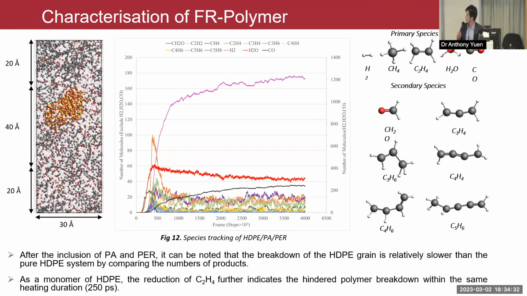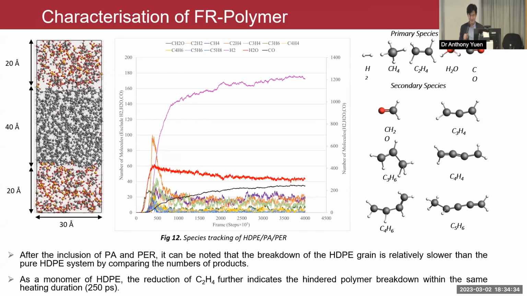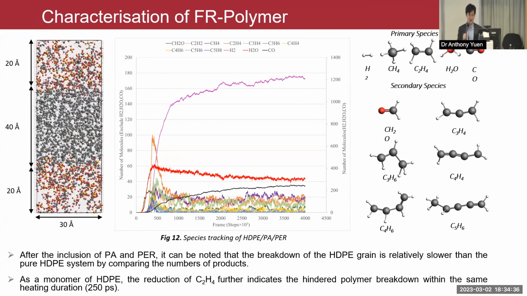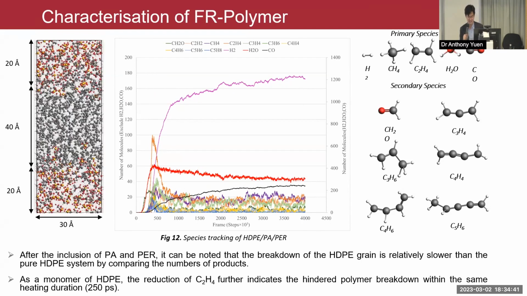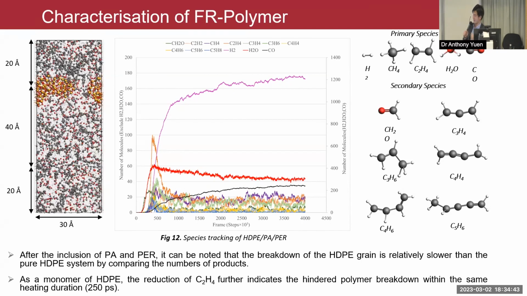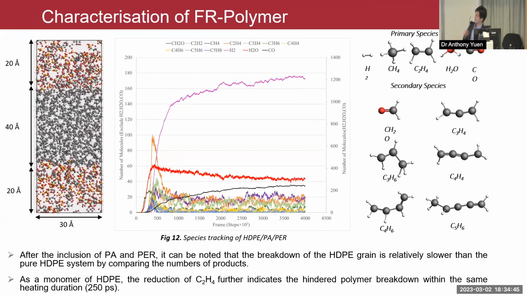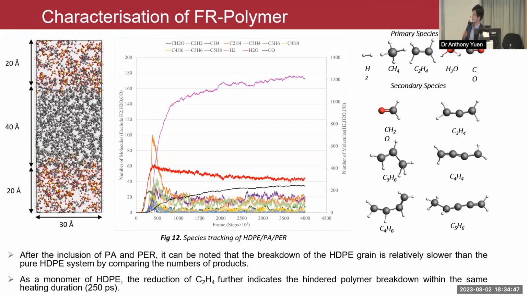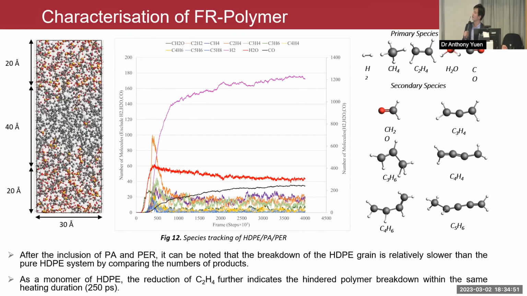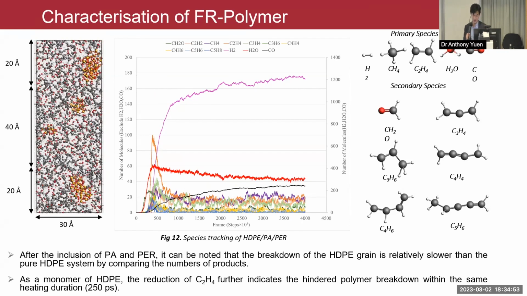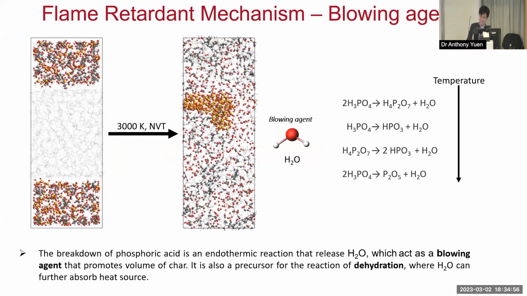These two species alone will limit the flammability of this substrate itself because of the reduction in chemical reaction and the free radical capturing effect. This is not even talking about charring yet. The reason why this is so good is because of the phosphorus-based agent.